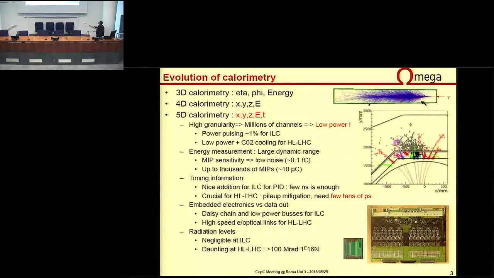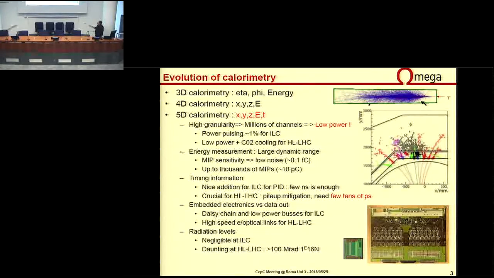At first, we were requested the eta, phi, and the energy. Then later, people requested a complete position. And recently, the time has also been included in the requirements of calorimeters.